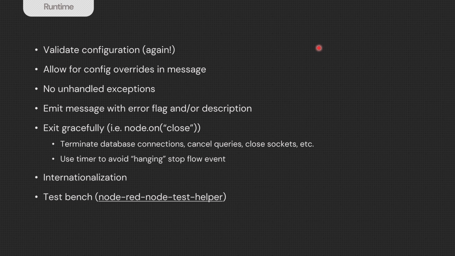That allows you to deal with the error right at the output of the connector with the whole context. If you can actually emit the input message with that error flag or error description, then the next node has all the information that it needs to handle the error properly.